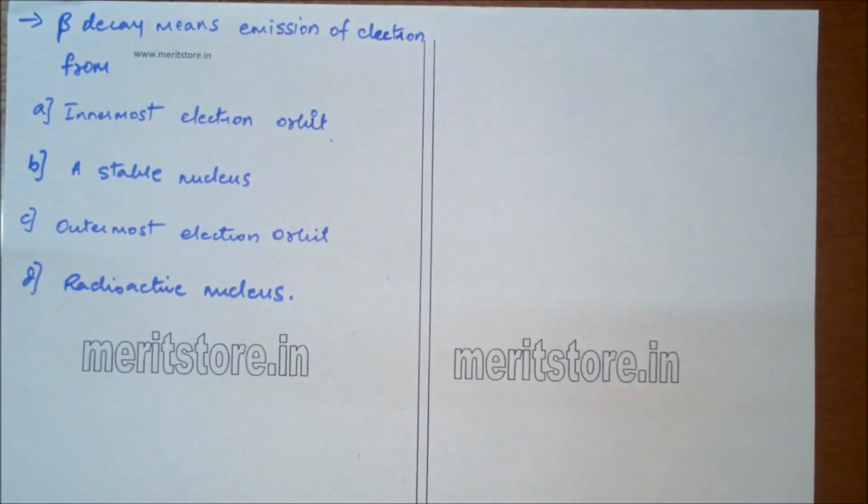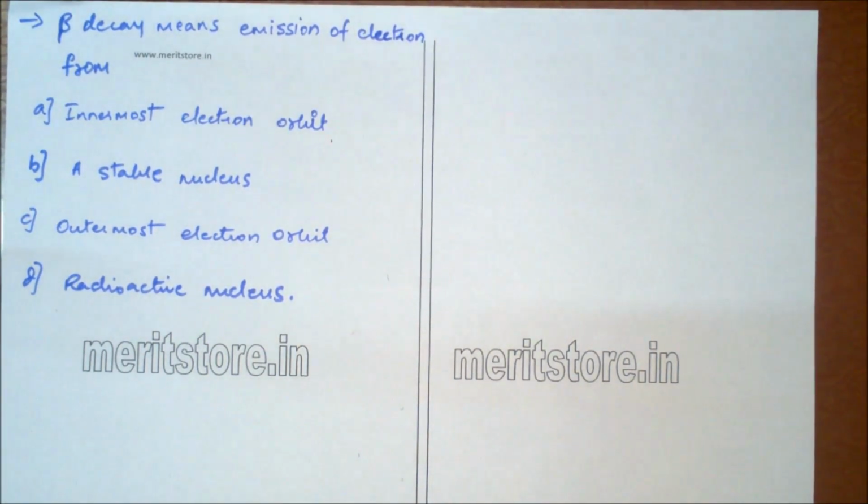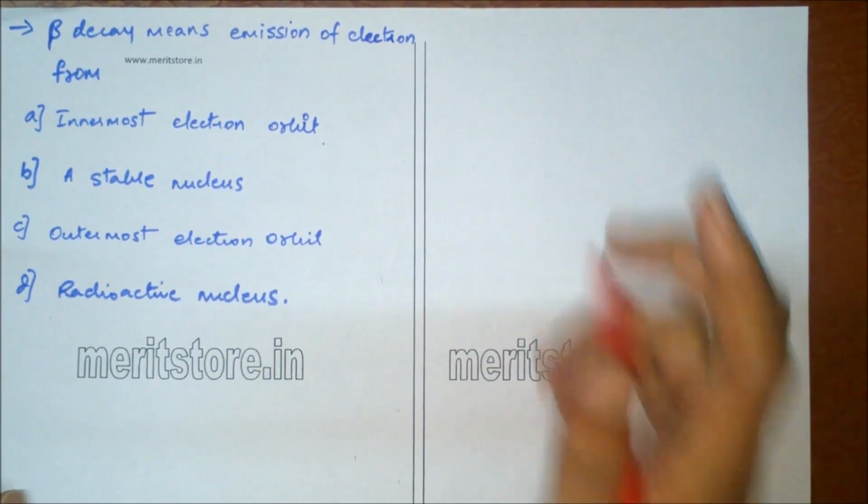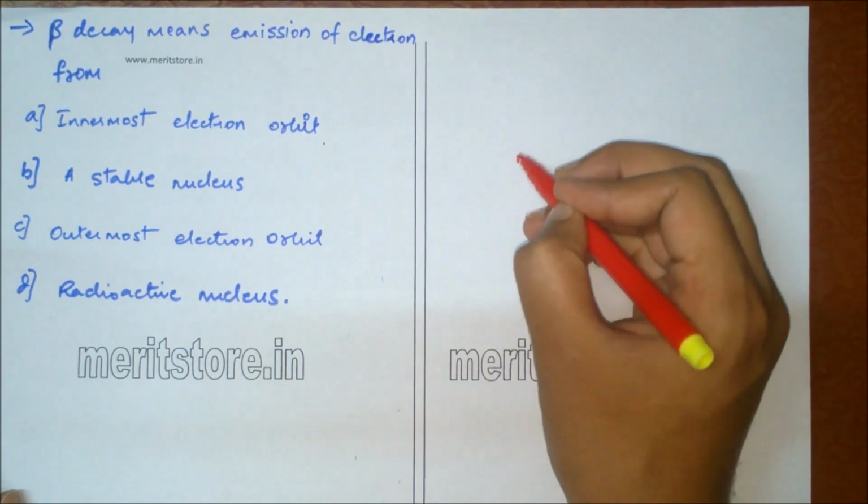Beta decay means emission of electron from A innermost electron orbit, B a stable nucleus, C outermost electron orbit, D radioactive nucleus. In beta decay, an electron is emitted by the radioactive nucleus.